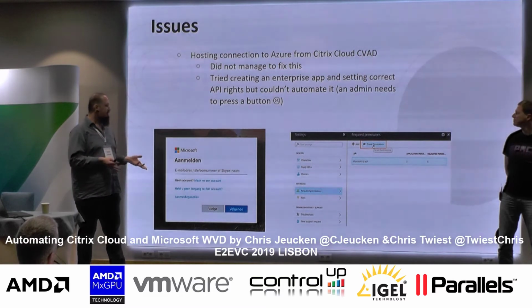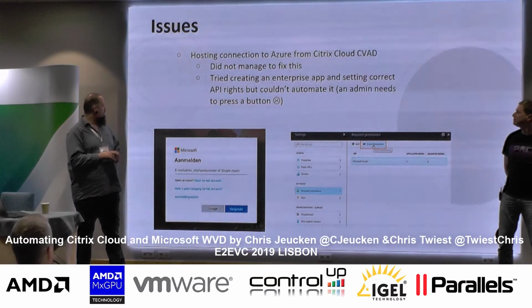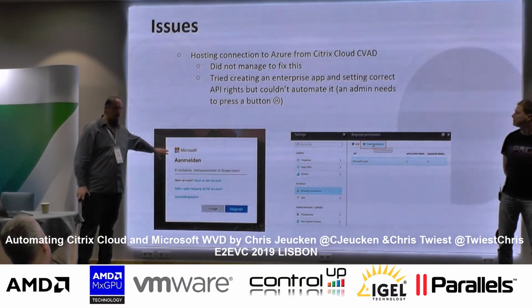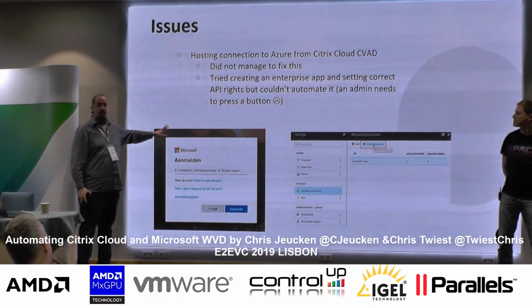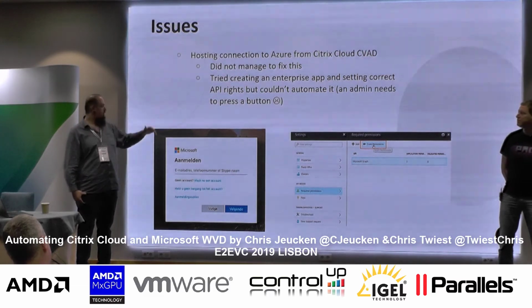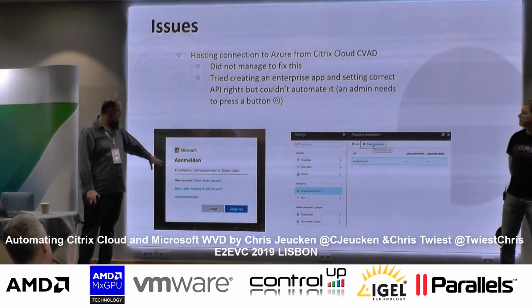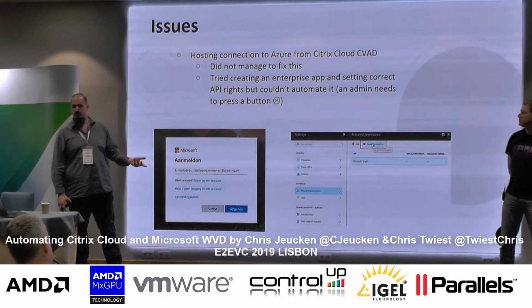As far as we could tell, we could not get that with scripts, because you get this screen when you're in virtual apps and desktops in the Studio in Citrix Cloud, and you're going to create a connection to Azure. It will show you this screen that you have to authenticate at Azure.